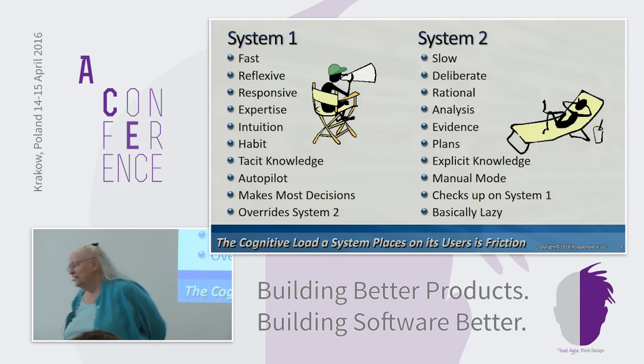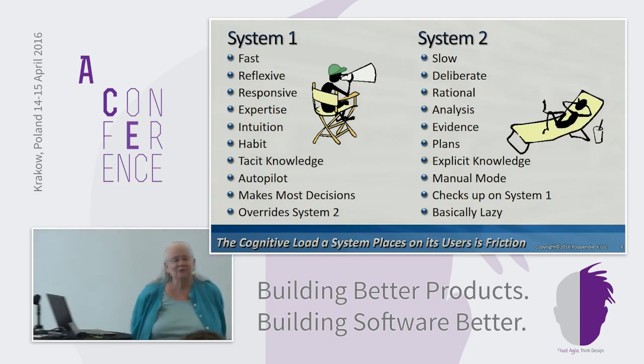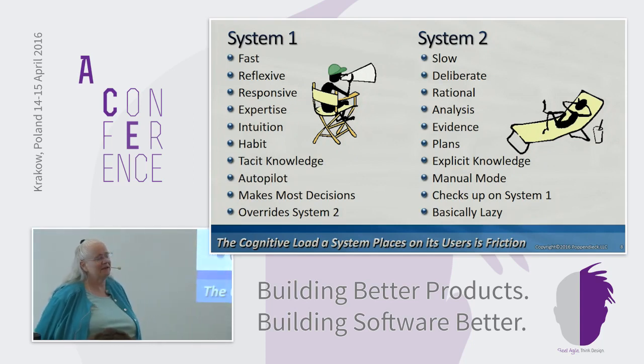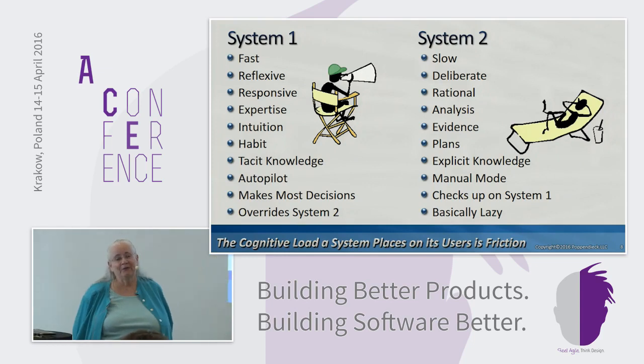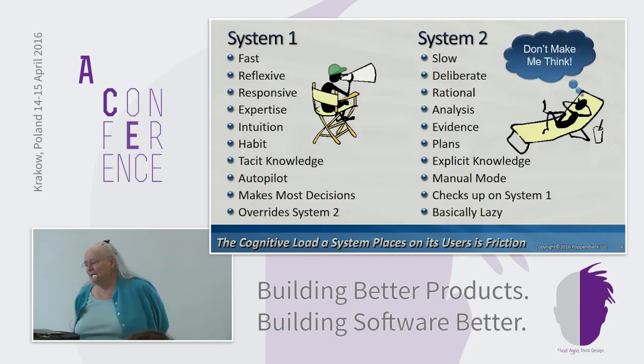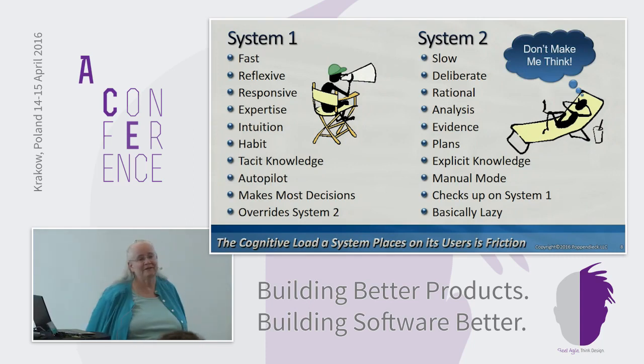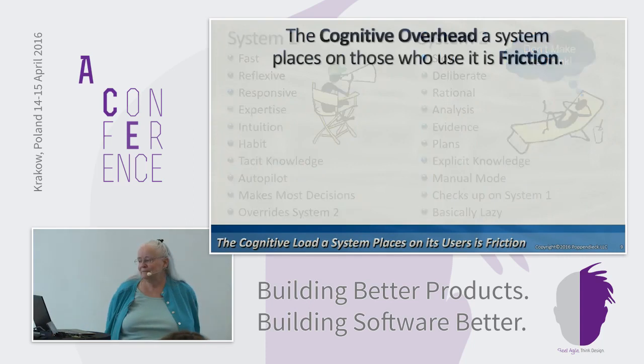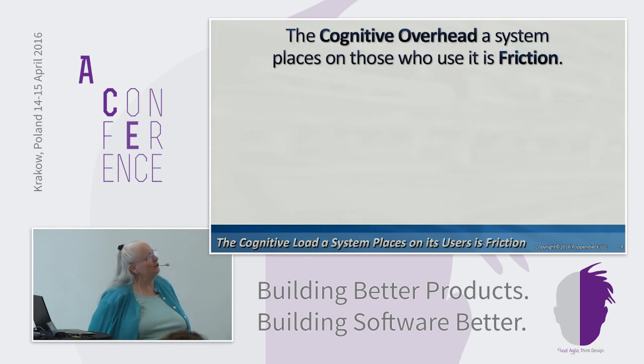So if you think about that, when you think about designing systems, you and your customers both have those systems. And I want to propose that there's times to be in system 1 and times to be in system 2. So the thing about being lazy is I don't want to have to think. The cognitive overhead the system places on the people who use it is friction.